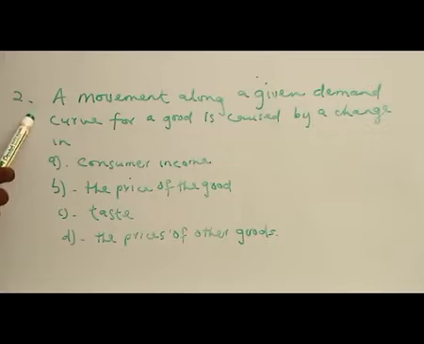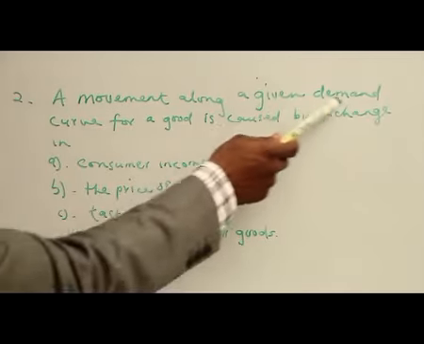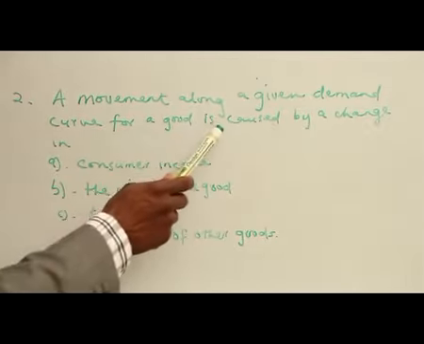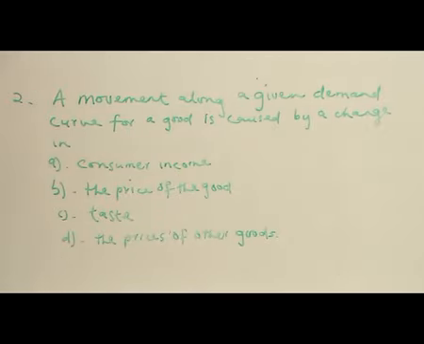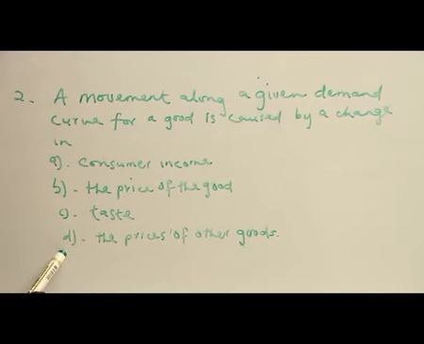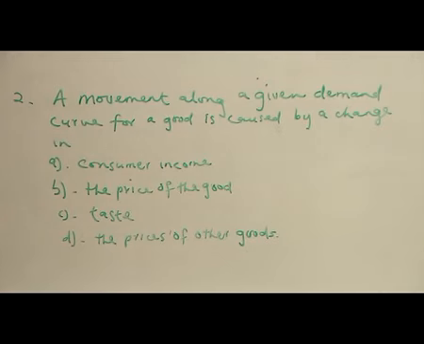Question 2. A movement along a given demand curve for a good is caused by a change in A, consumer income, B, the price of the good, C, taste, D, the prices of other goods. The right answer is B, the price of the good. When we're talking about movement along the demand curve, we are looking at the relationship between quantity demanded and its price.